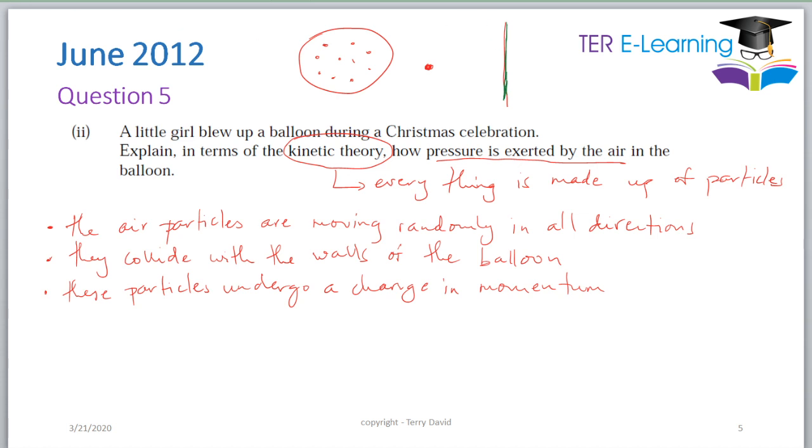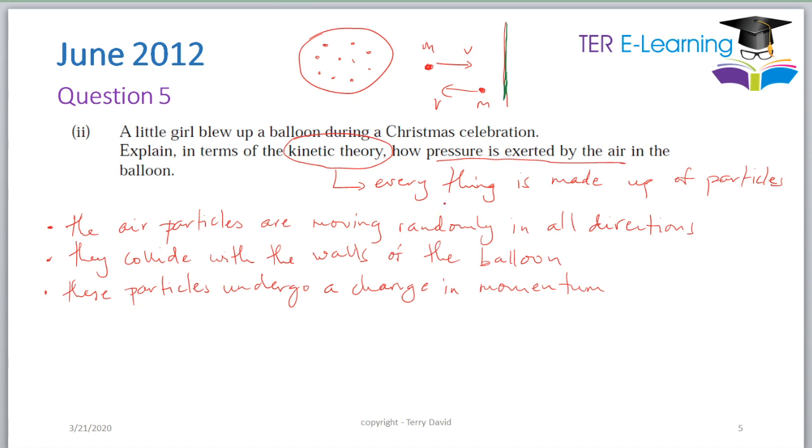Now, what is going to happen is that the particle is going to move here. Let's say the mass is m and the velocity is v. When it hits the wall of the balloon, it's going to rebound, and it's going to have a new velocity. So what has happened is that it has a change in velocity, therefore a change in momentum.